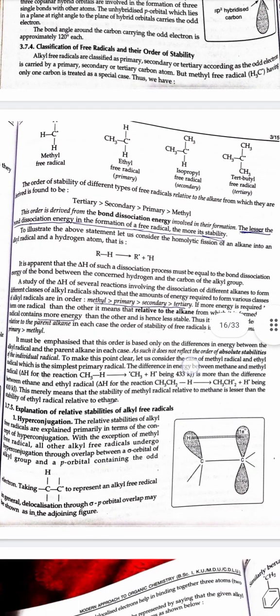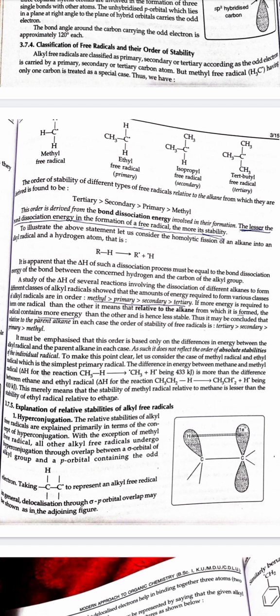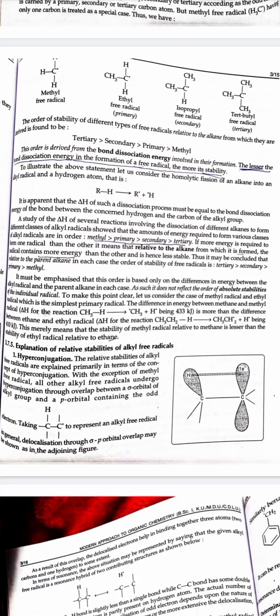Explanation of relative stabilities of alkyl free radicals. Hyperconjugation. The relative stabilities of alkyl free radicals are explained primarily in terms of the concept of hyperconjugation. With the exception of methyl free radical, all other alkyl free radicals undergo hyperconjugation through overlap between a sigma orbital of alkyl group and a p orbital containing the odd electron.